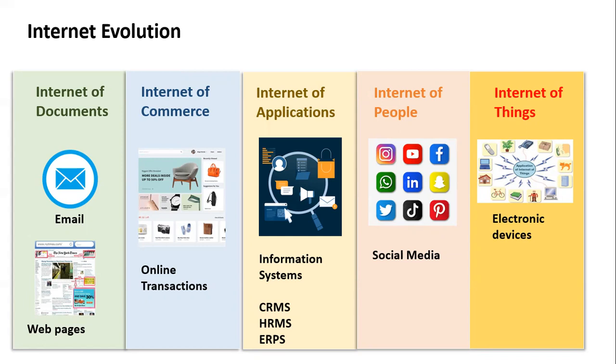So that is called the Internet of Things. And the main thing is all these things are highly automated. They will communicate with each other automatically. That's the main concept.